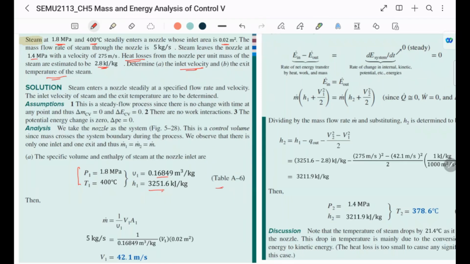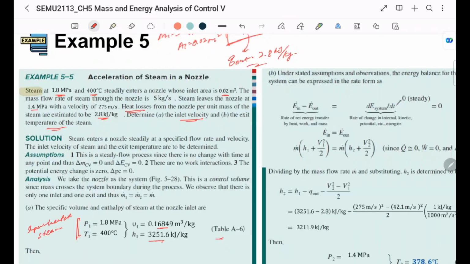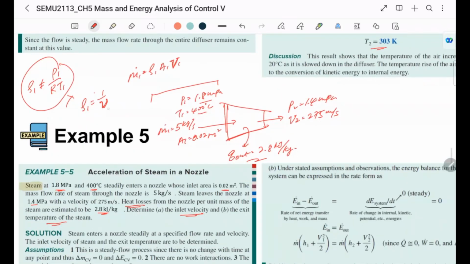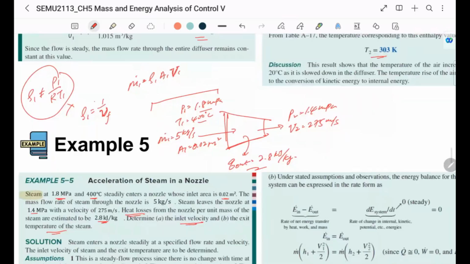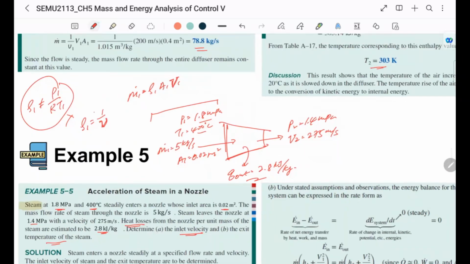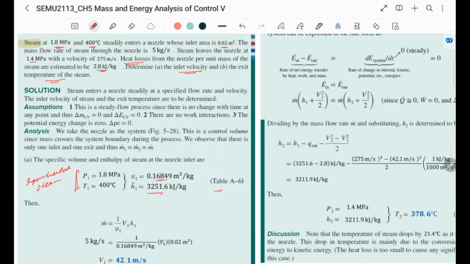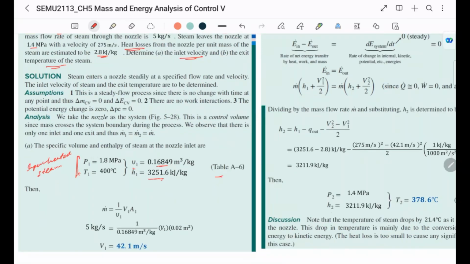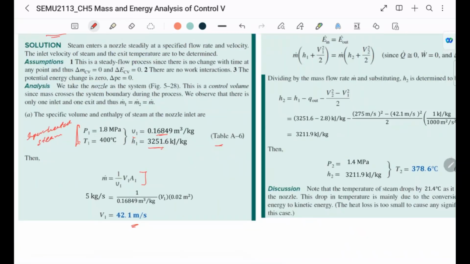So you're probably looking at superheated steam. At this pressure and this temperature, this is the specific volume, this is the enthalpy. So this will be v1, this number. It's superheated, so therefore you can use this equation here. Then you'll be able to find out the velocity.